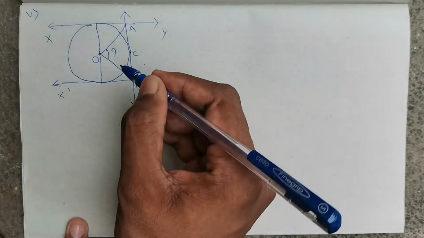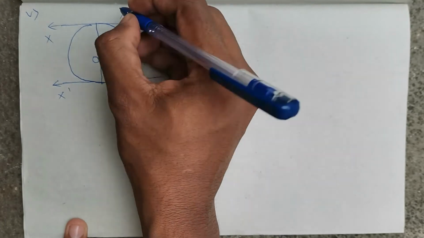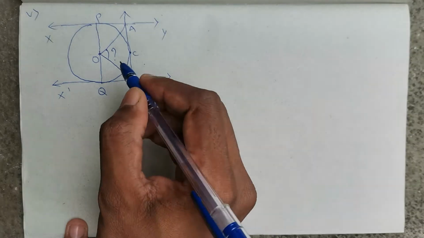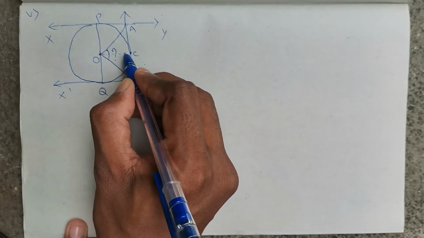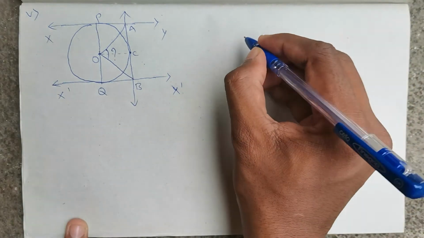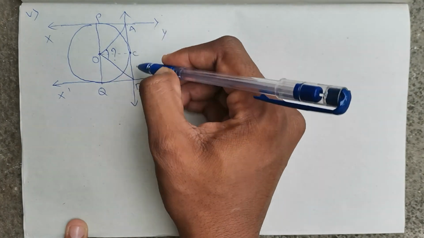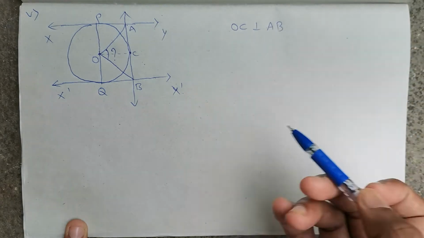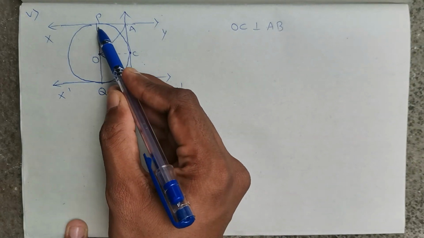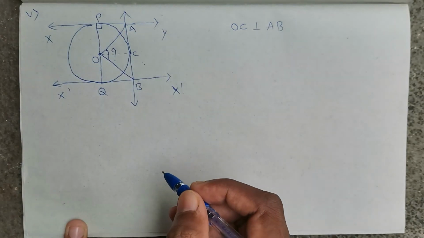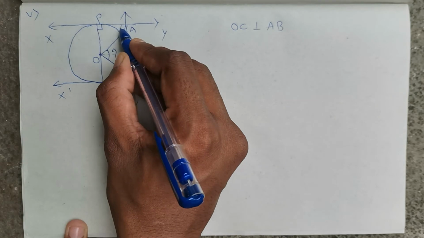First, what I will do, this diameter's endings I am also representing, one with point P and one with point Q. This OC, if we join O and C, this OC is perpendicular to AB, and this diameter is touching the tangent exactly, that is 90 degrees, very well we know that, and here also it is 90 degrees, this is 90 degrees.